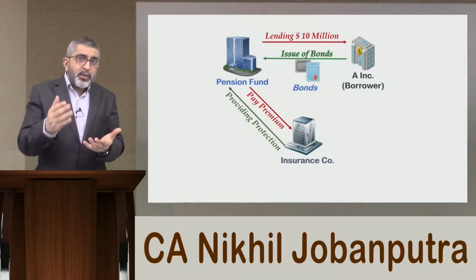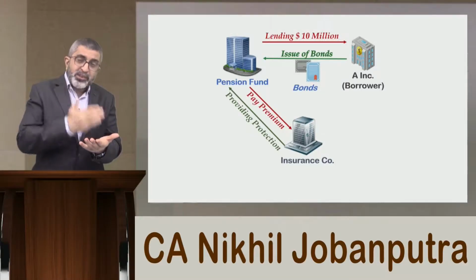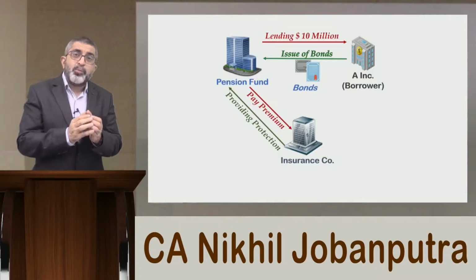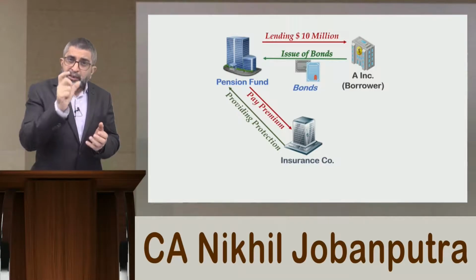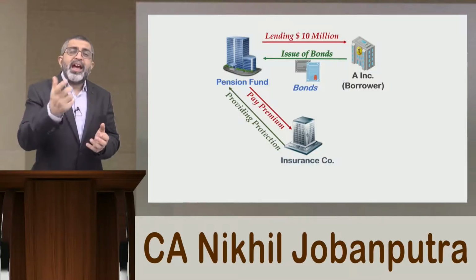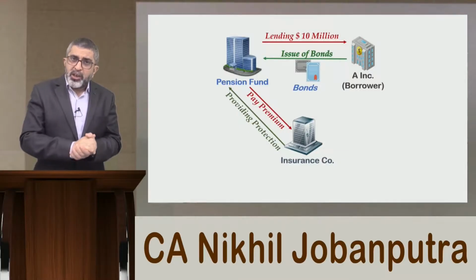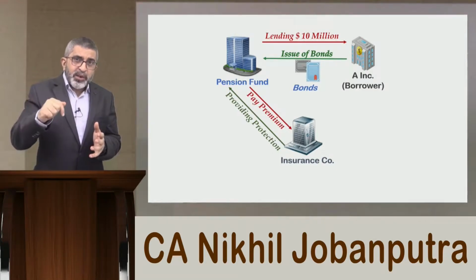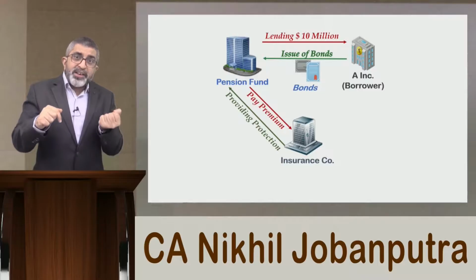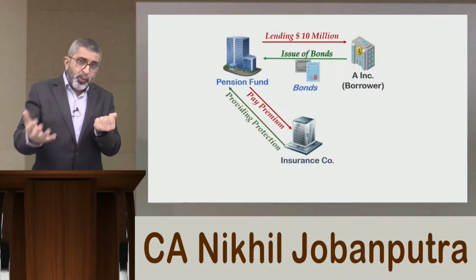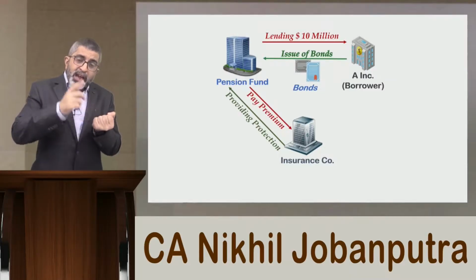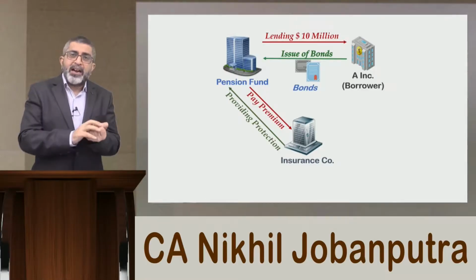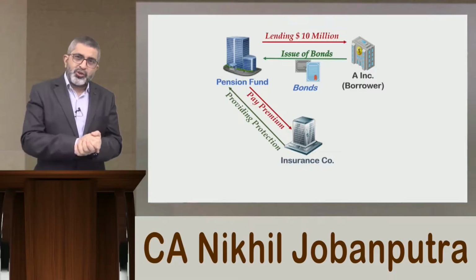So what will be the thought process of the pension fund? Observe that it is earning a 9% coupon rate on the $10 million loan which it has granted to A Incorporation, and here the credit is protected by this insurance company. It collects 9% coupon payments from A Incorporation, and then the pension fund passes on 1.5% of that to the insurance company.